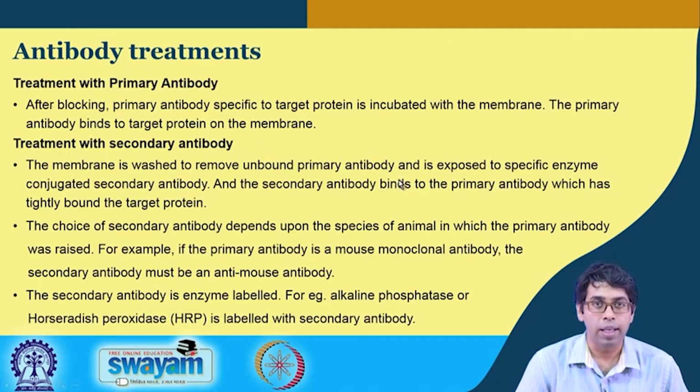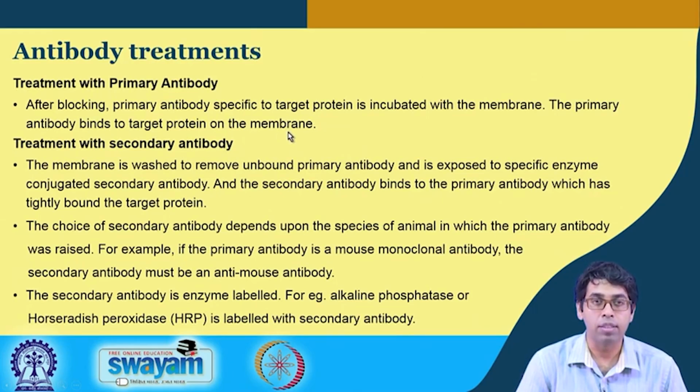Now once we have our membrane ready, a primary antibody is added. The primary antibody is specific to the target protein, and it will bind only the target protein. The primary antibody binds to the target protein on the membrane, but then we cannot detect it.